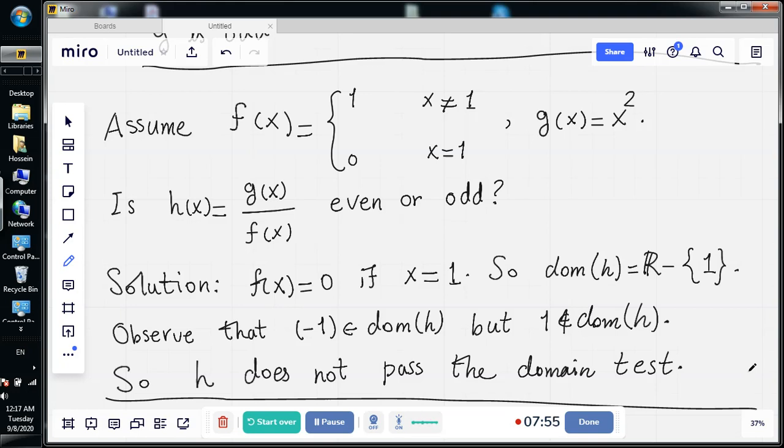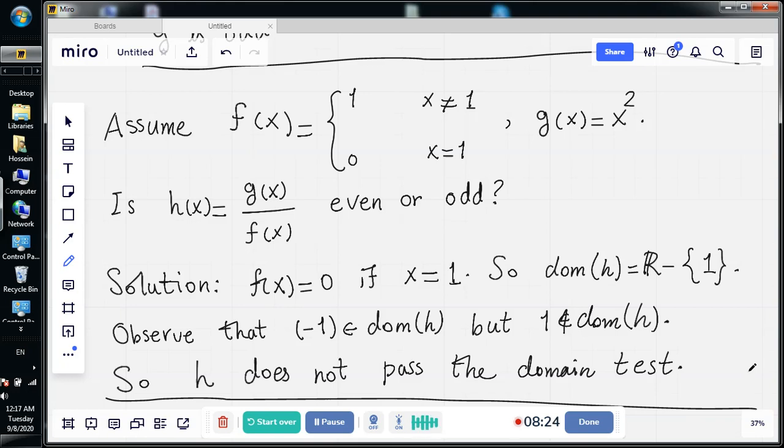Okay, we start the solution by checking the domain of h. If you look at the function h, you see that in the denominator you have f of x. For the points where the denominator is 0, those points are not in the domain of h. So we need to find for what x f of x is equal to 0.